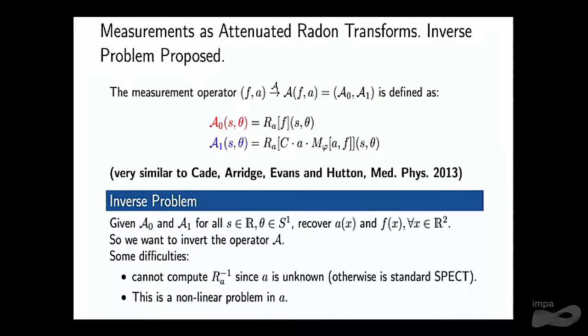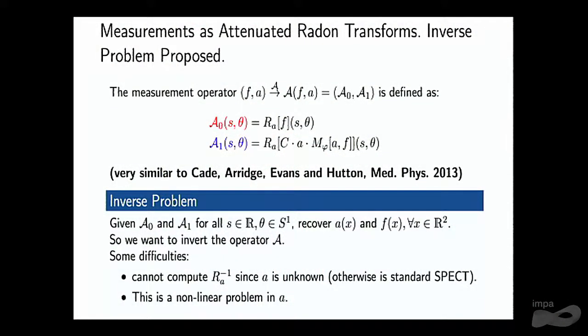The ballistic measurement is the attenuated Radon transform of the source, and the scattered measurement is the attenuated Radon transform of something which is a function of the attenuation. So now the inverse problem is to recover both the source and the attenuation from these two measurements. And this is a nonlinear inverse problem now.